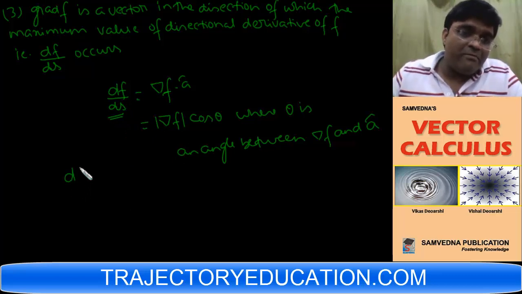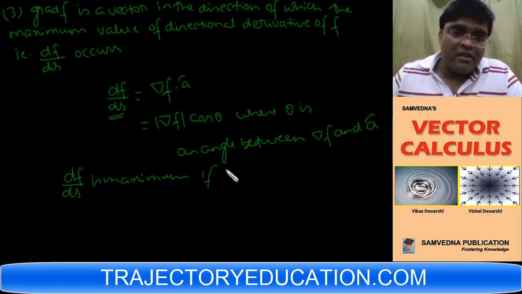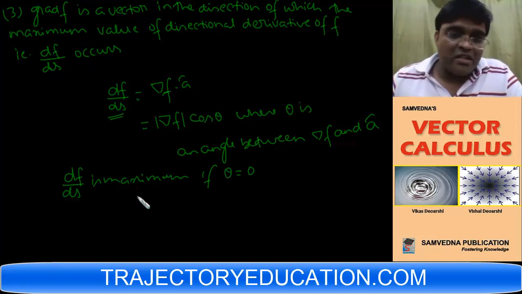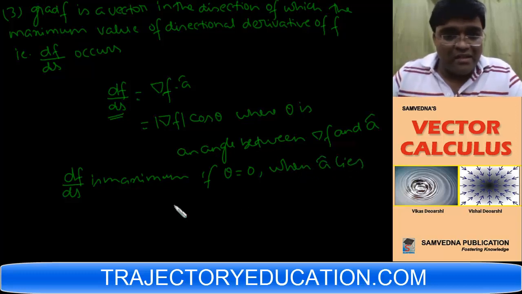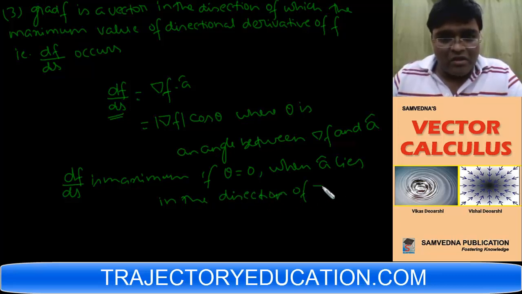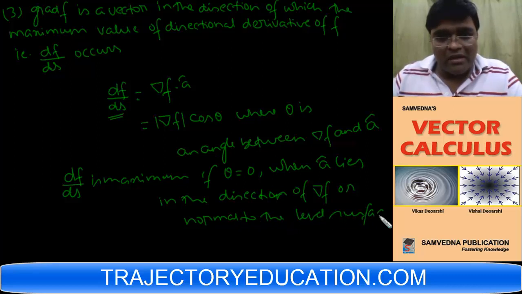I can say df by ds is maximum if theta is 0, or when a lies in the direction of del f, normal to the level surface.